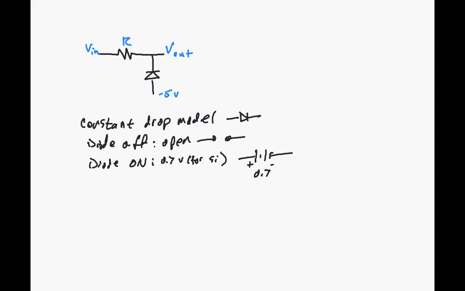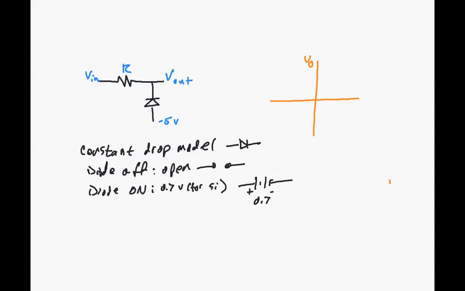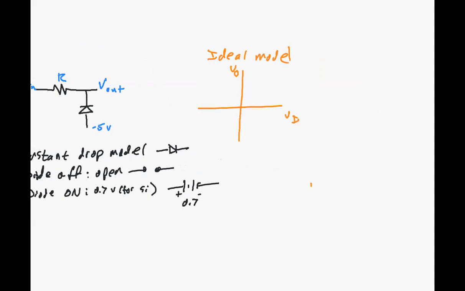For this limiter here, if you do it with the ideal model, we get a V out versus V in transfer characteristic. We figure out what's going on the same way, whether it's the constant drop model or the ideal.